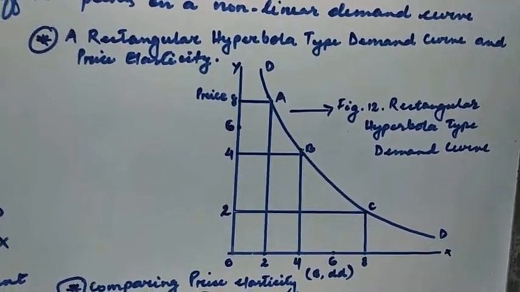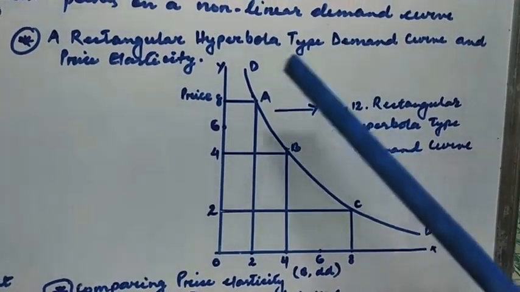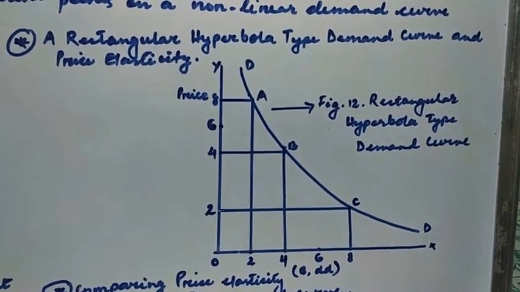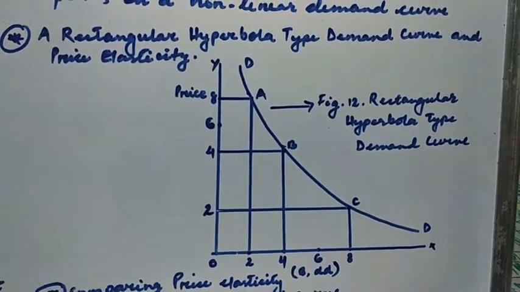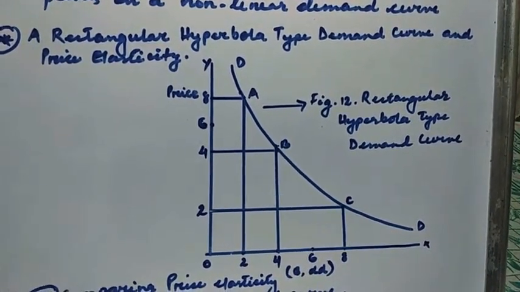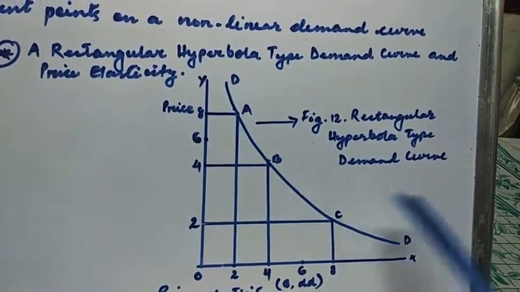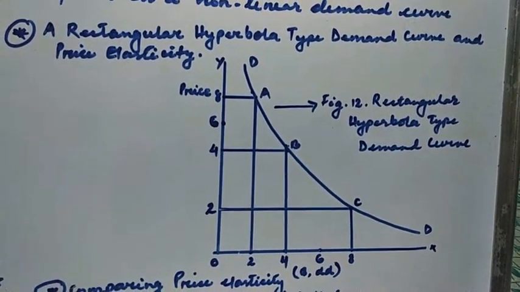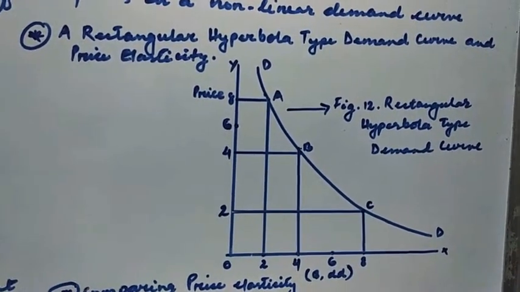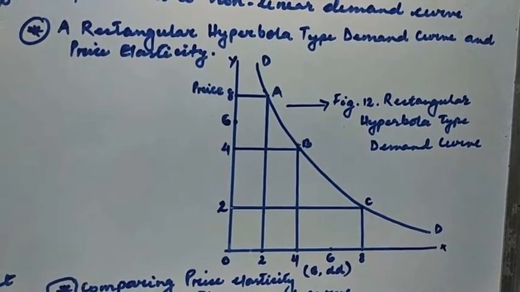When the point price elasticity of demand is equal to unity, that is, when the price elasticity at these points A, B, C is equal to 1 throughout on a demand curve, the demand curve has the shape of this rectangular hyperbola.